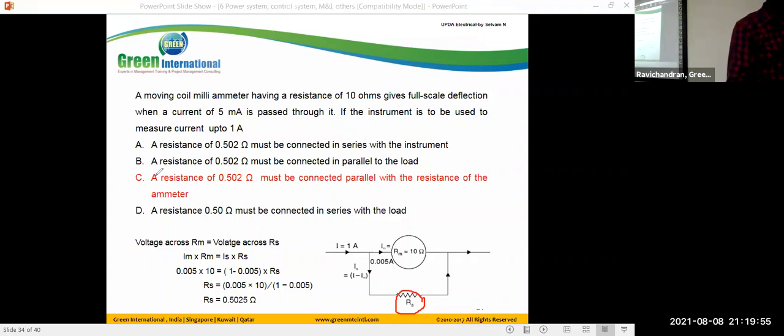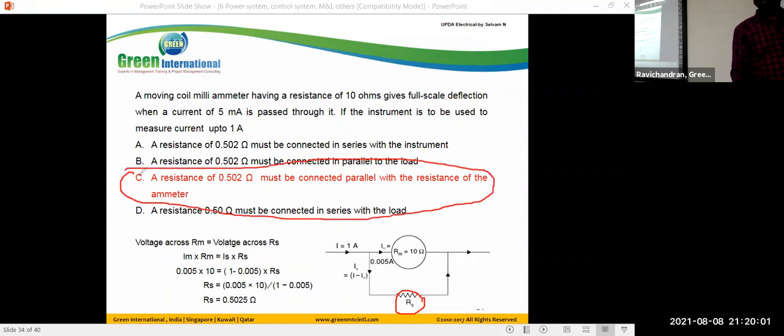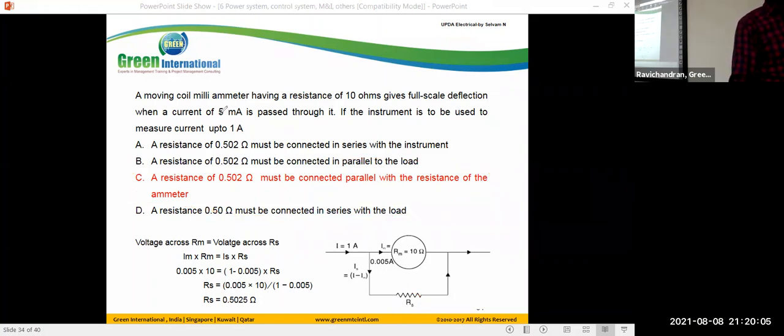So that's why the answer is this one. Suppose in our exam, instead of 5 milliamps, they give 10 milliamps, can we solve the problem? No issue. Instead of 1 amp, they may give 10 amps, we can solve.